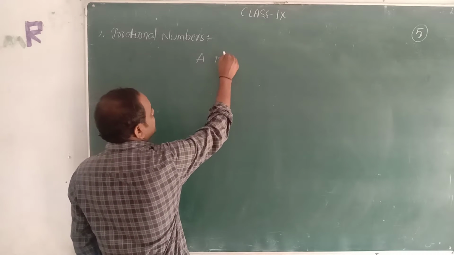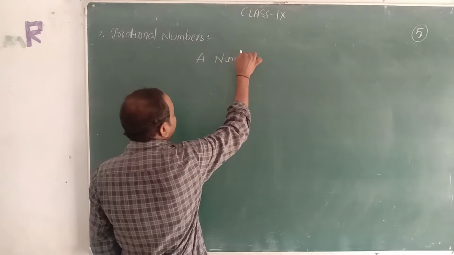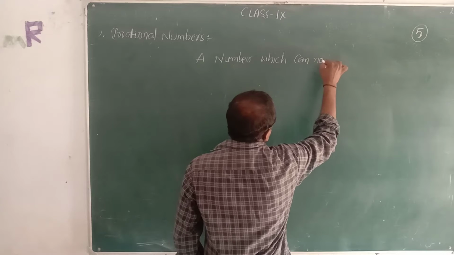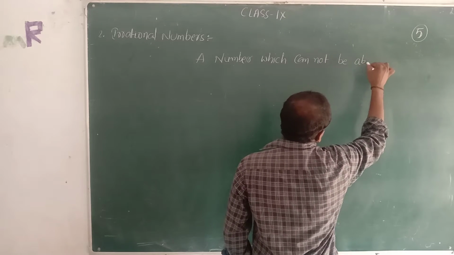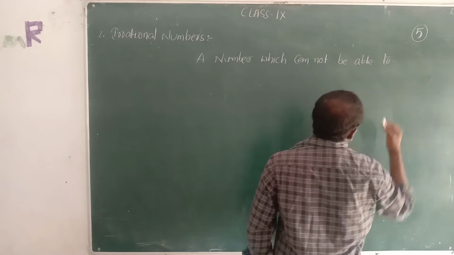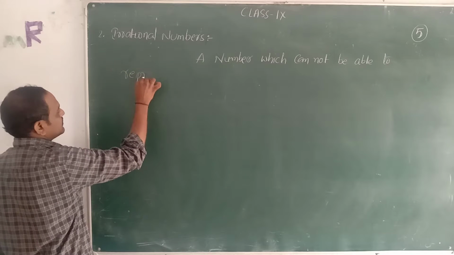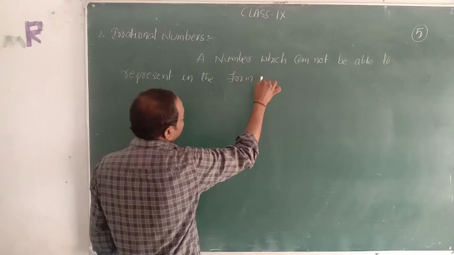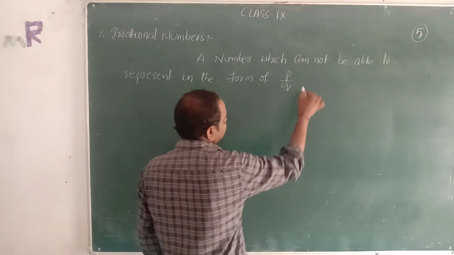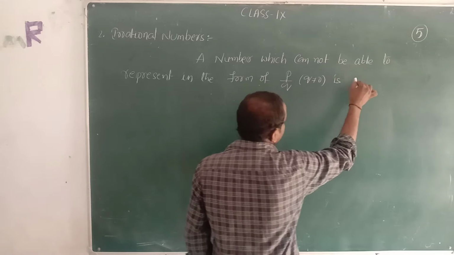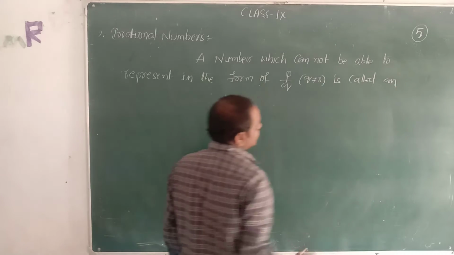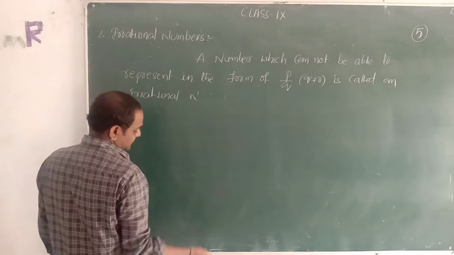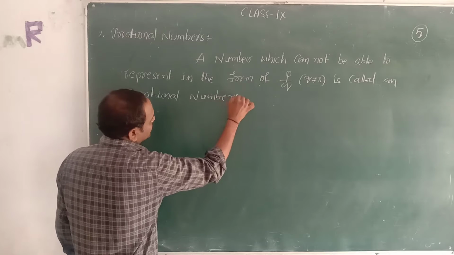What is the definition? A number which cannot be represented in the form of p by q is called an irrational number.